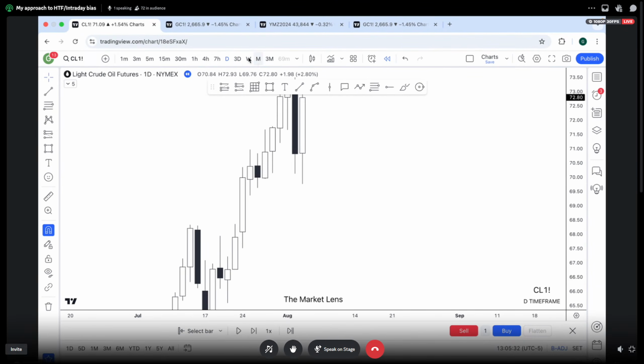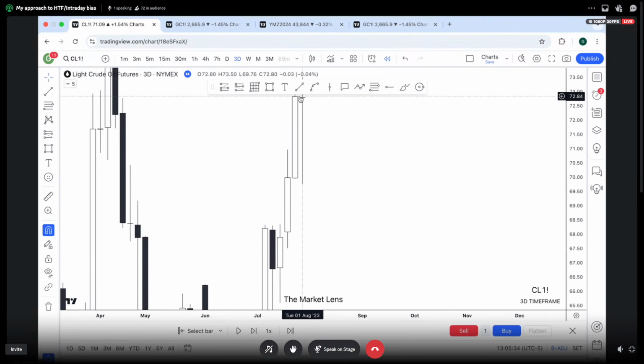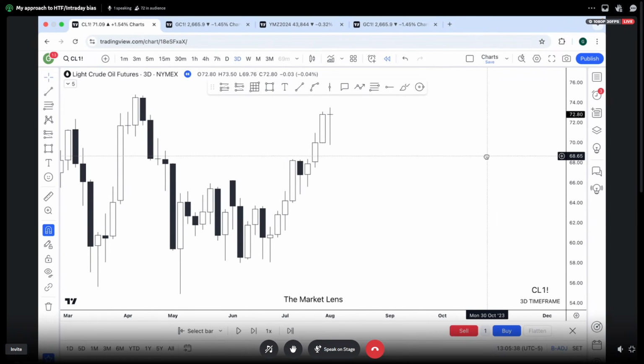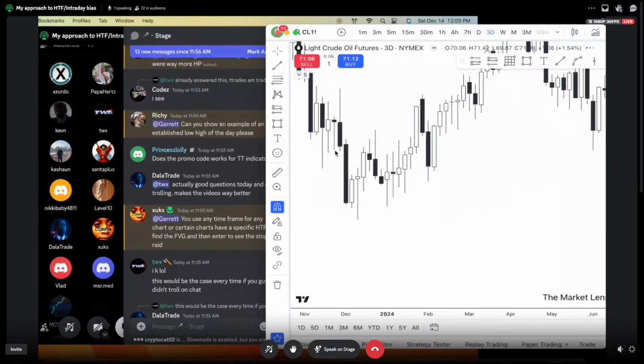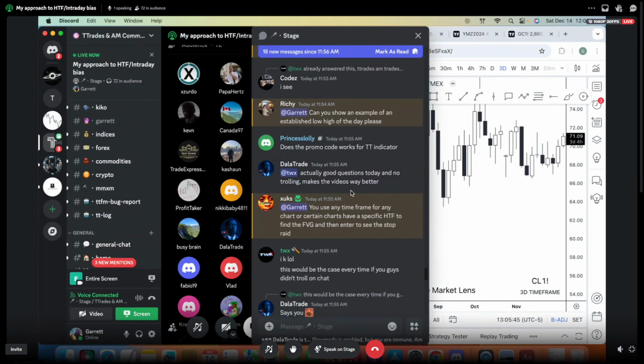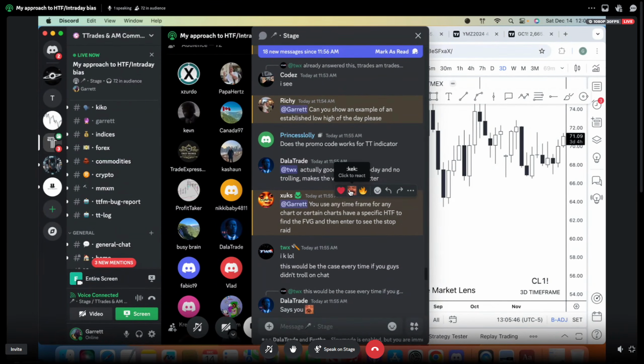On the 3-day, clear fair value gap. But fair value gaps are just highs and lows. So if you see a high or a low on a higher time frame, that's a fair value gap. That becomes a stronger draw on liquidity.